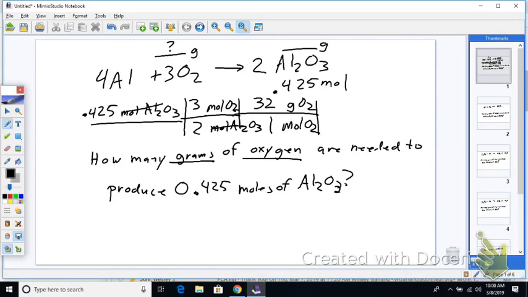But if I put a 3 down there, then I'd have to multiply 32 by 3 to get that right ratio. Okay? So then I get my answer. This is something like going from kilograms to milligrams: kilograms to grams, grams to milligrams. 2 conversions. That's all we're doing.